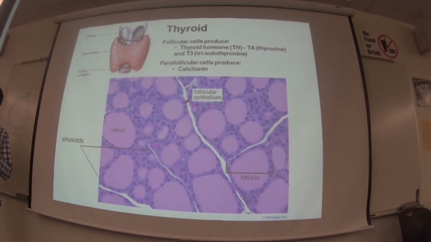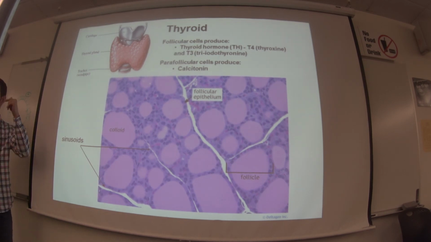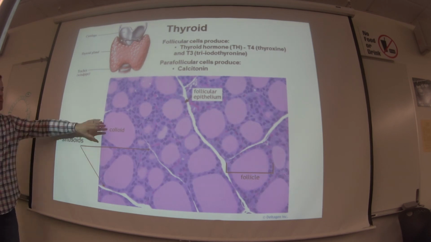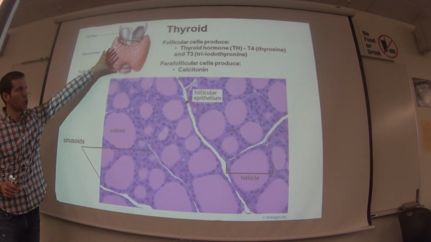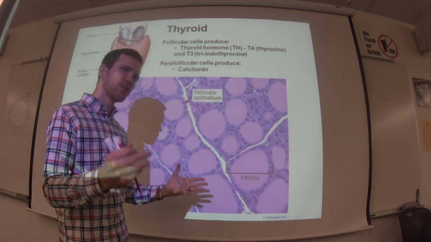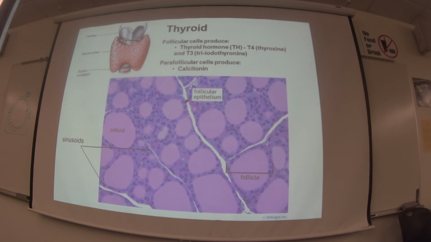There's a number of different reasons. It can be because you don't release it fast enough, or that you make it too fast. It's one of those things like the aqueous humor in the eye. A lot of different ways you can get there. But if you ever see a larger thyroid, which is usually referred to as a goiter, it's from an expansion of the colloid for a number of different reasons. It's not a growth in the number of cells.